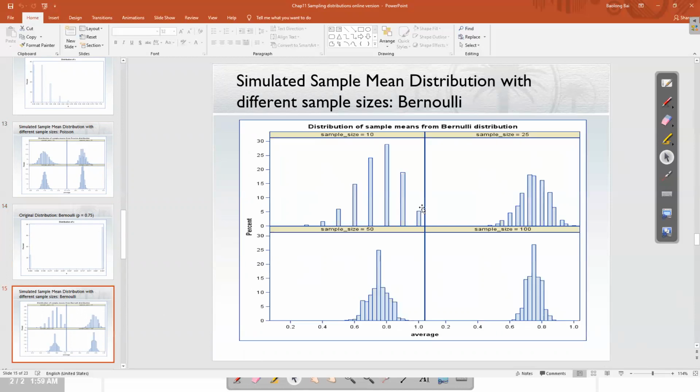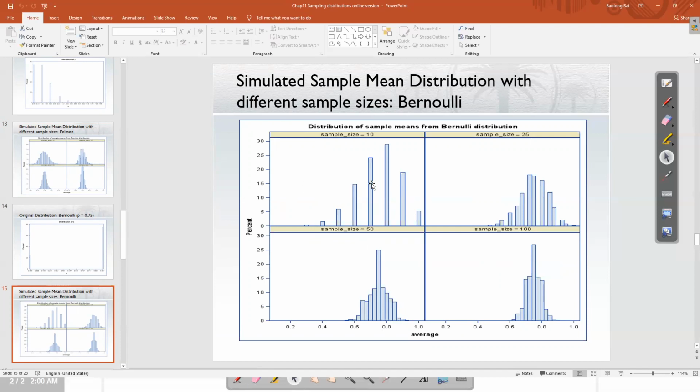And then if you take a random sample with sample size of 10, this will be the distribution of X bar. This is 25, distribution of X bar. This is 50, and 100, distribution of X bar, right?